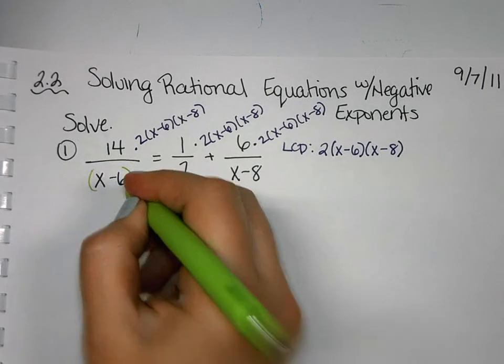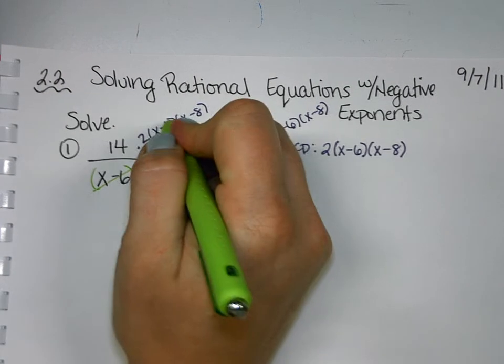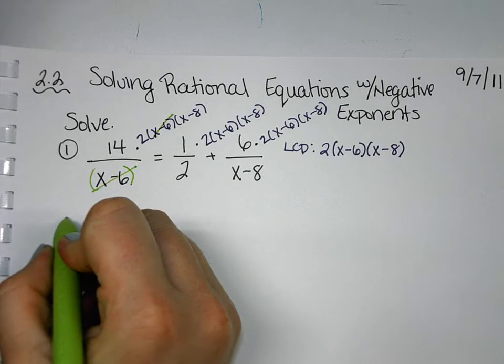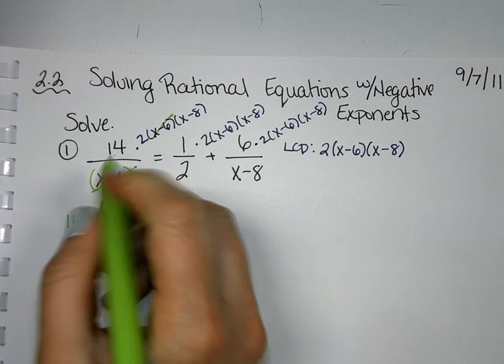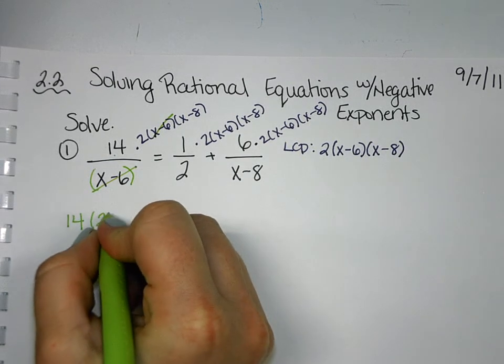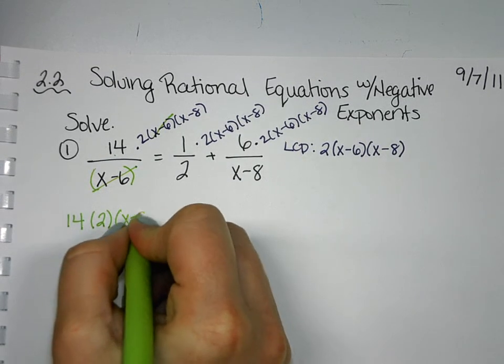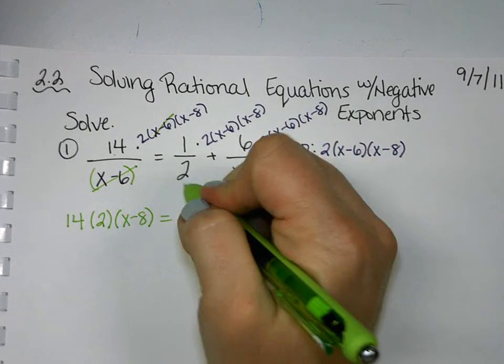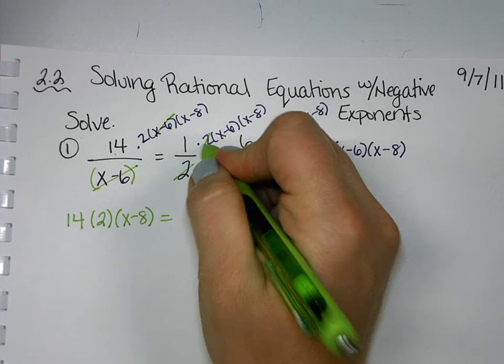So on the bottom here, I have the entire x minus 6 will cancel the entire x minus 6. Which means on top I still have the 14, and I'm multiplying it by 2 as well as the x minus 8 that didn't cancel out. On the next fraction, the 2's will cancel.